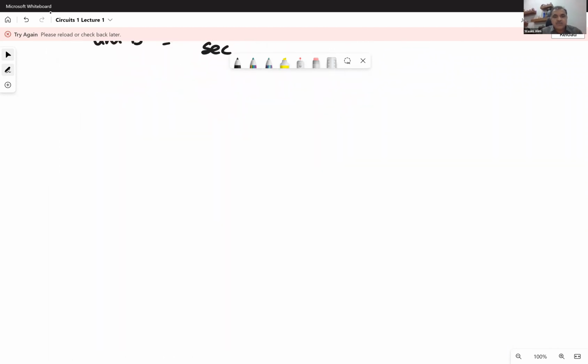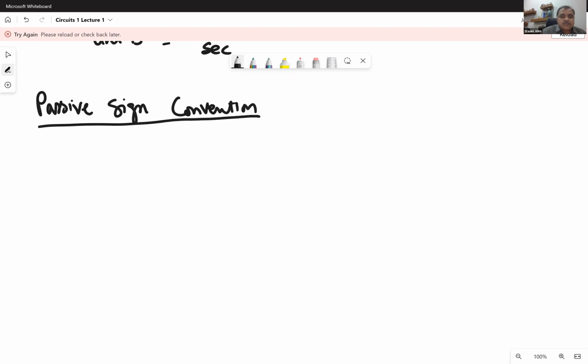Let's briefly talk about passive sign convention. We'll talk about it in more detail next session. So in our circuit, we have passive elements, which are loads, and a load typically absorbs energy, right?